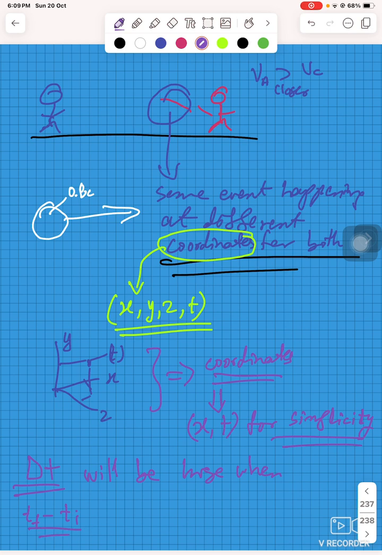Time final when we have more speed, speed close to the speed of light, minus the time at the lower speed, the difference will be a lot. So that's the reason it will be huge when velocity approaching is a lot.